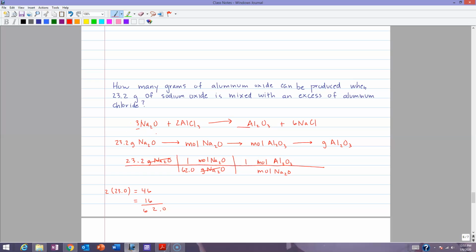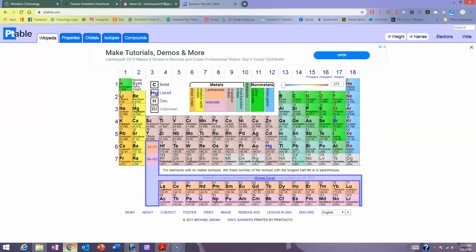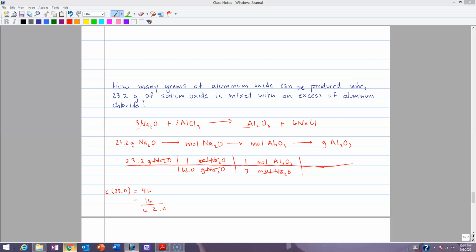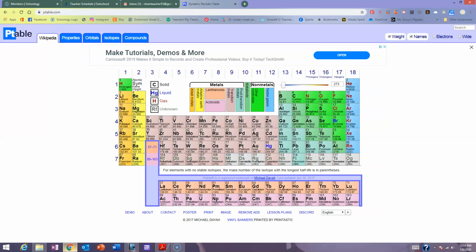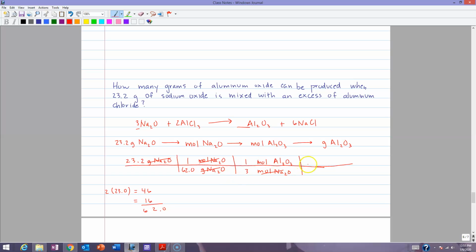And in front of sodium oxide, there's a 3. So moles of sodium oxide canceled out. And moles of aluminum oxide to grams of aluminum oxide.